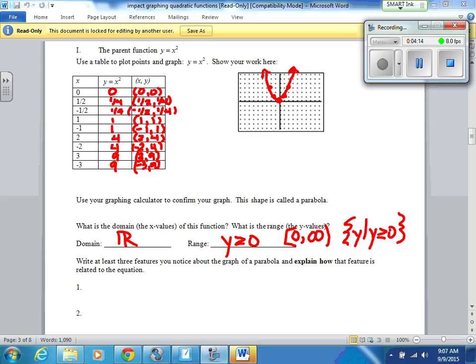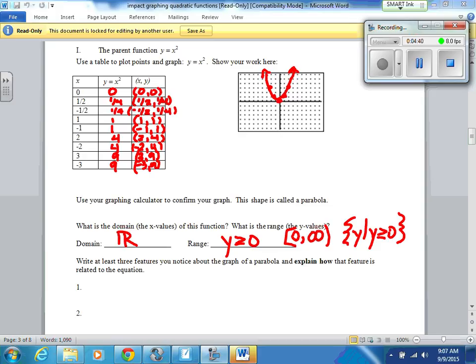The minimum point is called the vertex. What are the coordinates of the vertex of this parabola? 0, 0. That's your minimum. And then the imaginary line that goes through the vertex, cuts the parabola in half, is called the line of symmetry or the axis of symmetry.